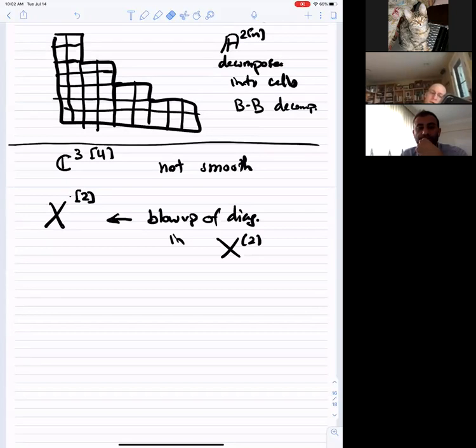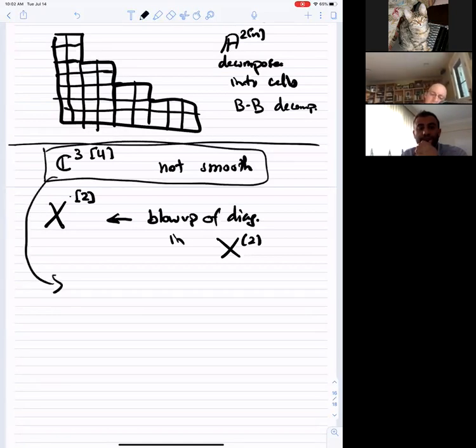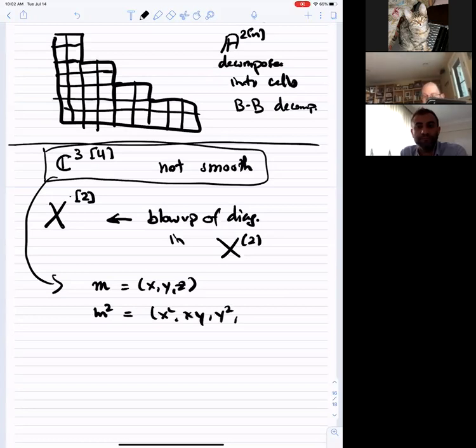But in general, the moment you have even 4 points in a higher dimensional variety, it's not smooth. The point where it's not smooth is this: you take the maximal ideal given by x, y, z, and you take m squared, given by x squared, xy, y squared, xz, yz, z squared.